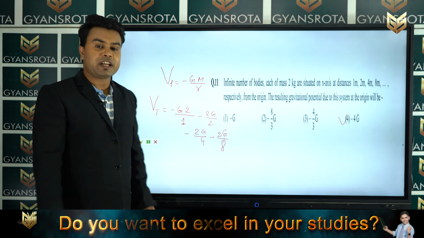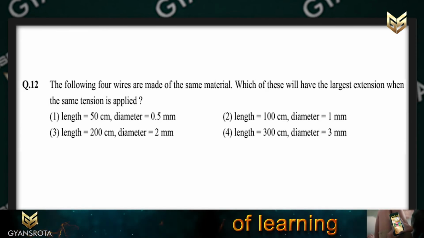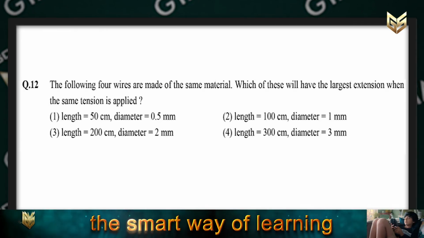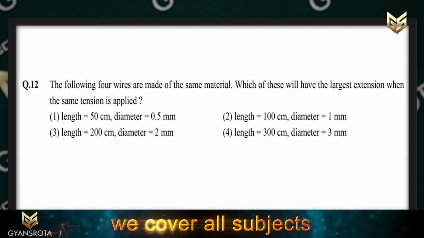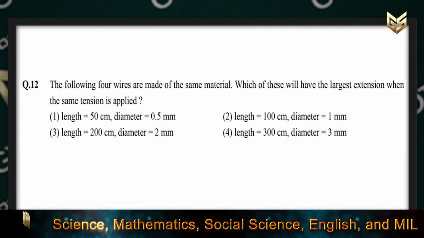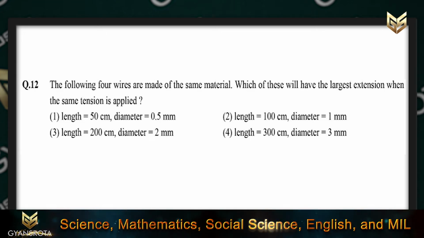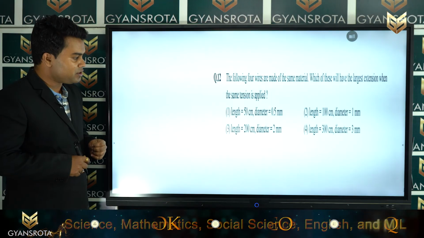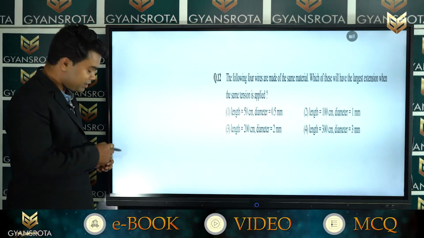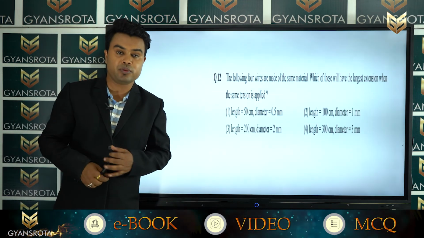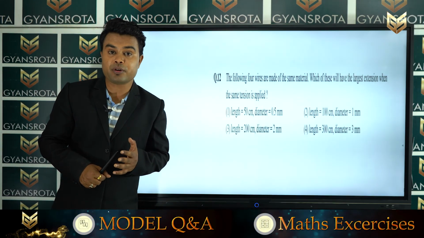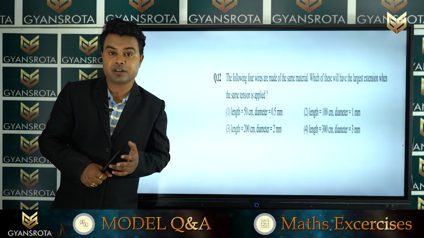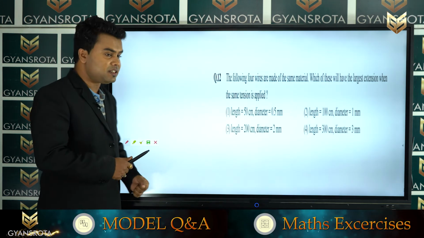Now let us move to the next question, that is question number 12. The following 4 wires are made of the same material. Which of these has the largest extension when the same tension is applied? Okay, so it's a question from the chapter mechanical properties of solids. So we'll be using the formula of Young's modulus of elasticity, and see what you get.